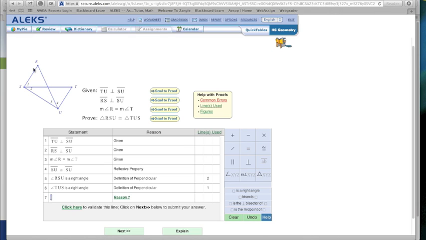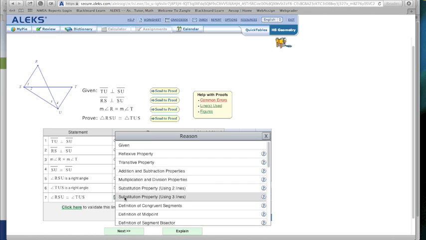We also know that angle R is congruent to angle T. So what we have to do is make a statement that angle RSU and angle TUS are also congruent, or equal, one of the two. So let's try angle RSU is congruent to angle TUS.